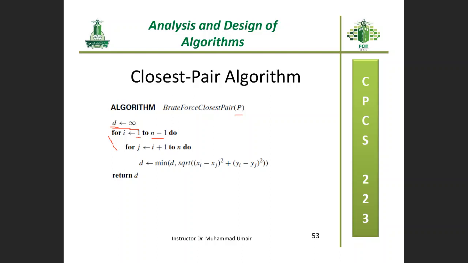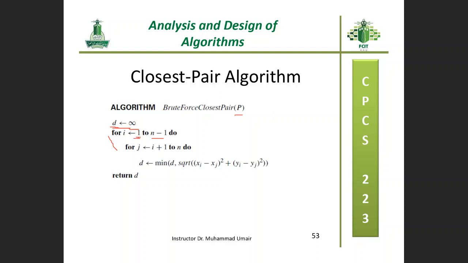Because it is a pair. For a pair you need at least 2 points. Is that clear? So you will pick the first one, and obviously you will leave it with n minus 1 other points. So we need only n minus 1 iterations, and we will calculate all possible distances between 2 points.